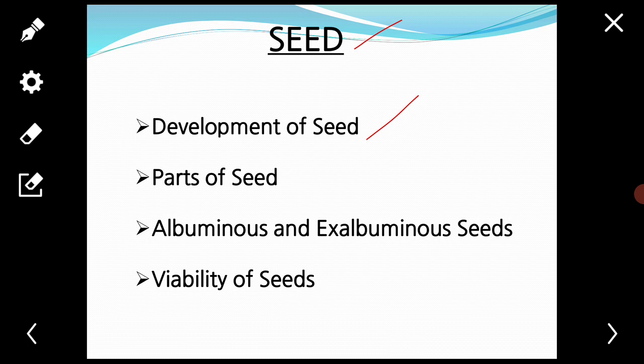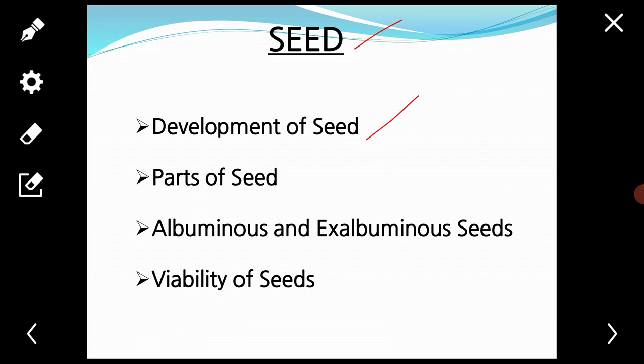The seeds having a copious amount of endosperm tissue are called albuminous seeds. For example, wheat, corn, onion, etc. And the seeds in which the endosperm is used up are called ex-albuminous.